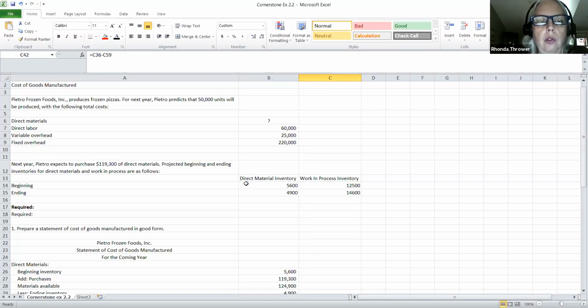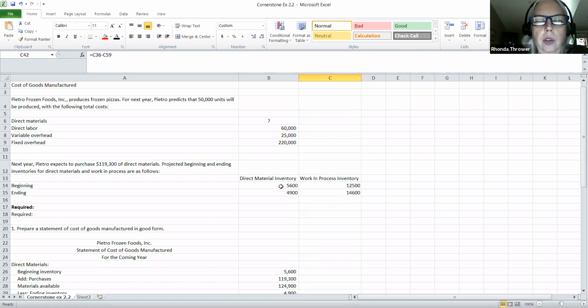So your direct materials would be the things that would go into the frozen pizza, such as your dough, your items that would make up the types of pizzas that you're producing. You might have pepperoni, sausage. All of these are direct materials.